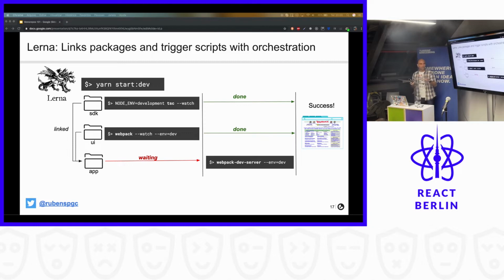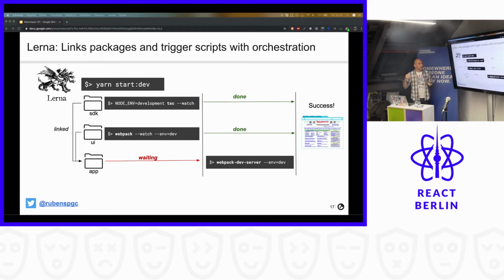It's just like using a third-party dependency like React: you need to have React installed to make your app compile. So Lerna is able to find out all this dependency tree and trigger npm scripts all at once.